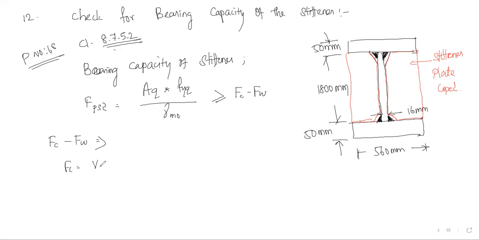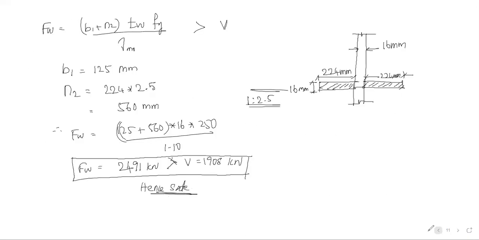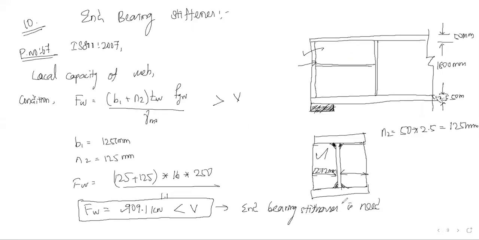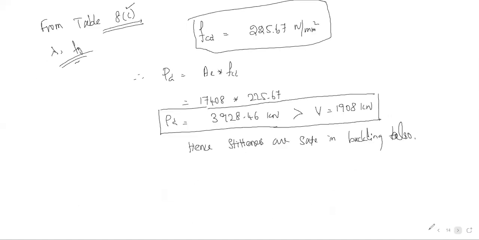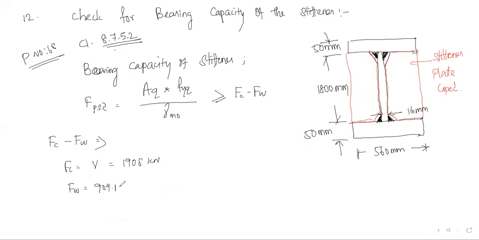Fc is equal to the actual shear force V, that is 1908 kilonewton. Fw is, if without shear stiffeners, what is the force the section is going to take? That we have calculated already, that is 909.1 kilonewton. Therefore, Fc minus Fw is equal to 1908 kilonewton minus 909.1 kilonewton. It becomes 998.9 kilonewton.